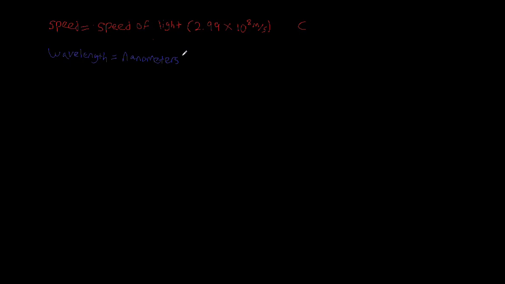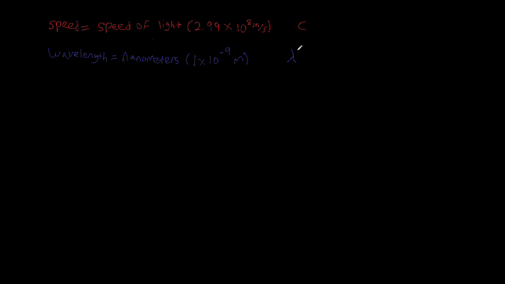Now, a nanometer is approximately 10 to the negative 9th meters, so 1 times 10 to the negative 9 meters. So nanometers is a really short distance, and this is the primary unit that we're going to be using to measure wavelength in. And when we look at equations, we're going to see something that looks like this.